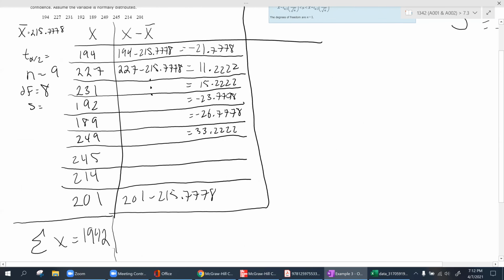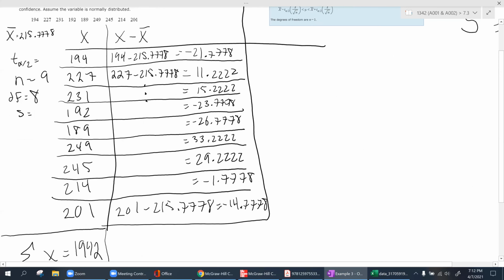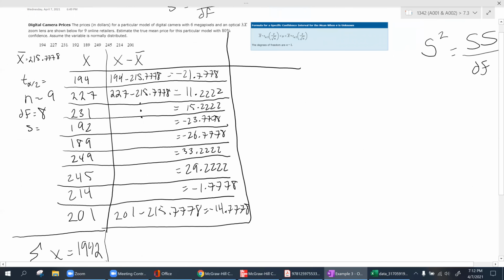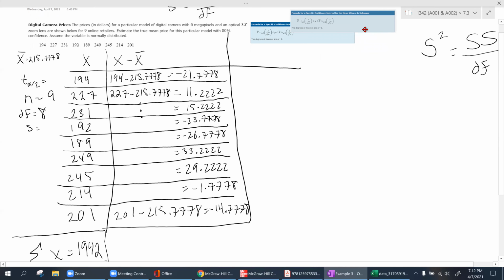What do we got? 3 more. Very nice. This is 29.2222. This is negative 1.7778. And last but not least, negative 14.7778. What we do next is I'm going to square that difference.